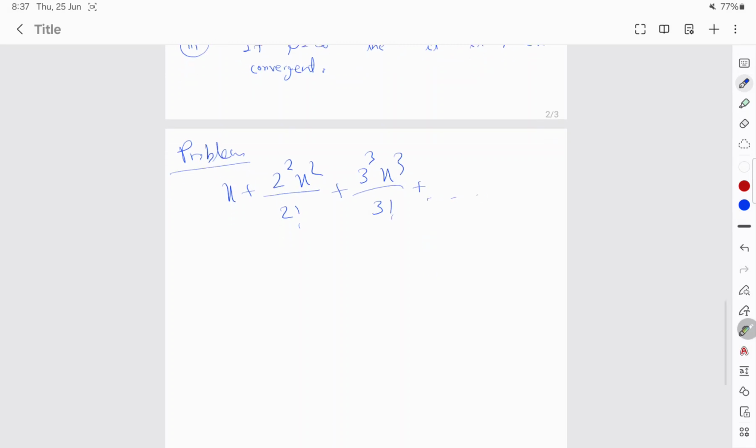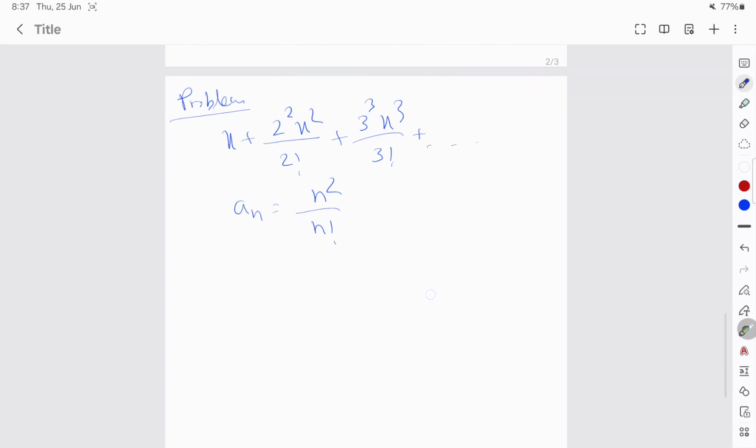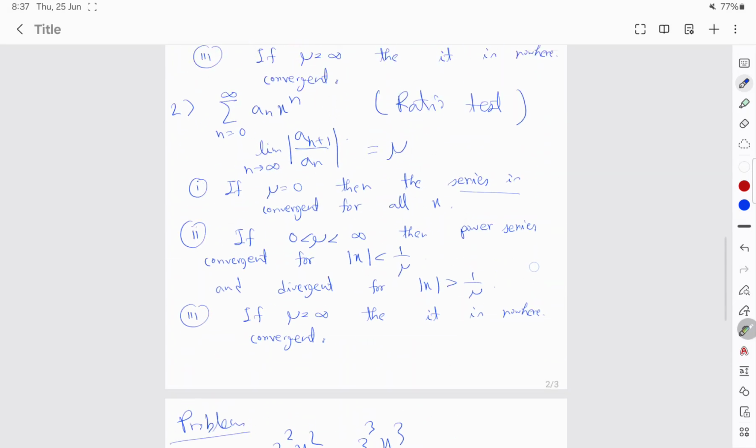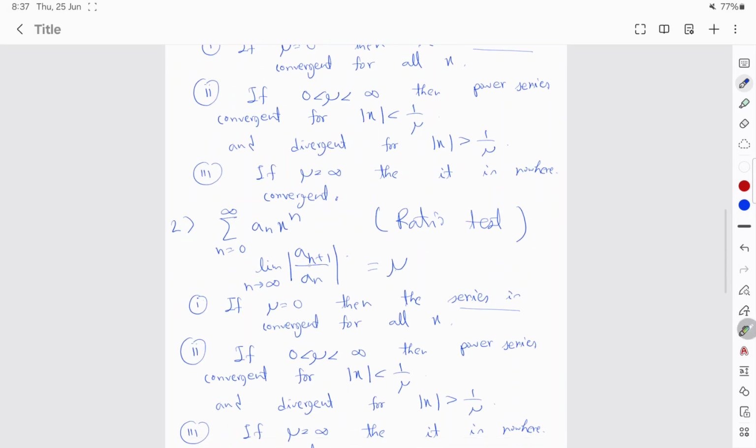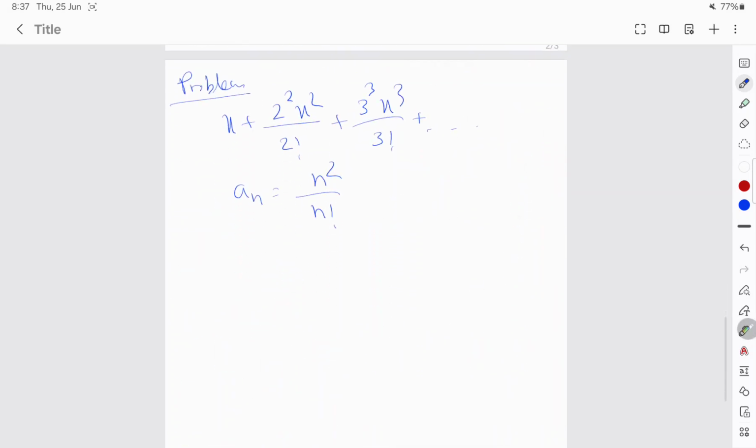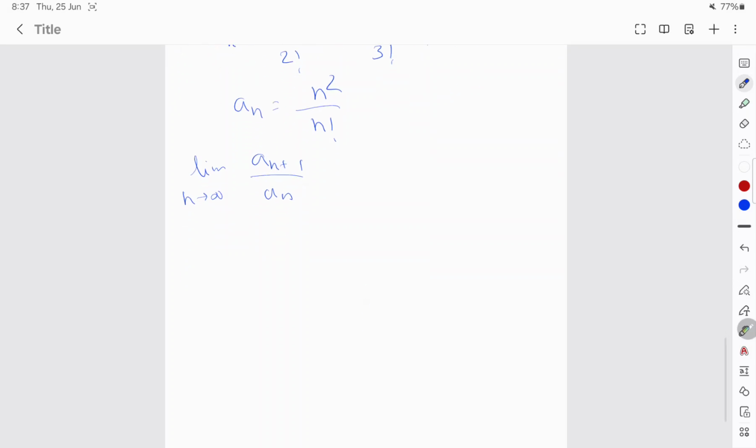So what is your a(n) here? a(n) is n square by n factorial, right? Here which one will be applicable, like your earlier one? You will see that the second one will be more appropriate. So you just check the limit n tending to infinity of a(n plus 1) by a(n). So what is your a(n plus 1)? n plus 1 square by n plus 1 factorial divided by n square by n factorial.